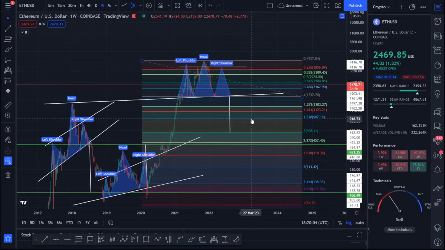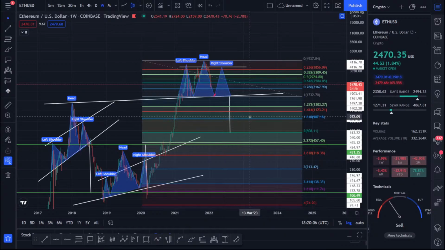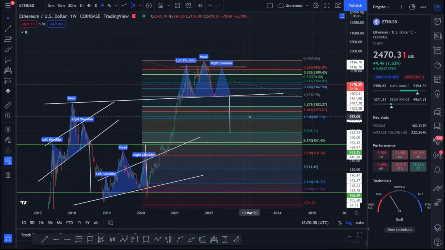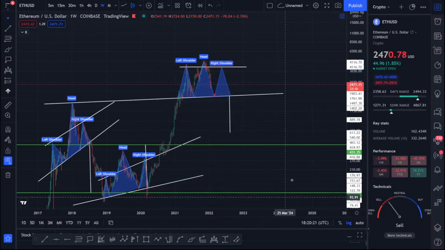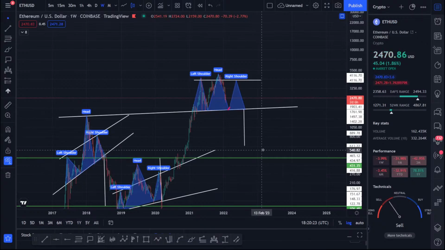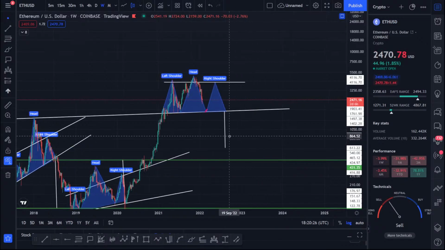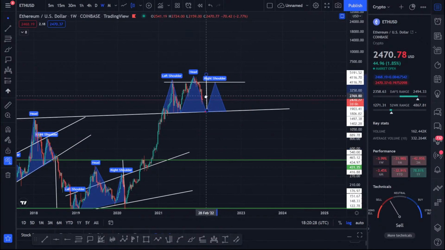Because the Ethereum chain is such a huge chain now, it has gas fees, NFTs, so much is going on with Ethereum, especially the ERC20 tokens, that it's hard to believe it can do this. Now let's take this off. What if it breaks to the upside?